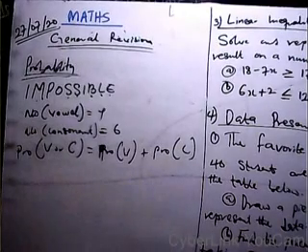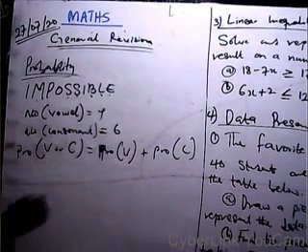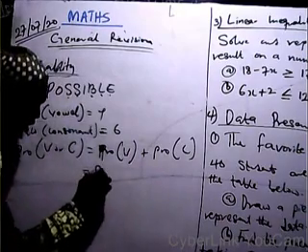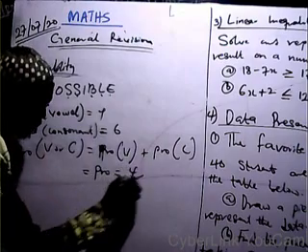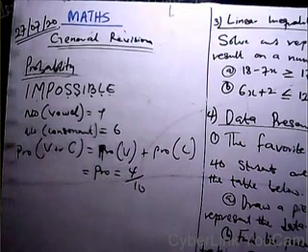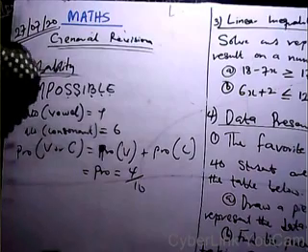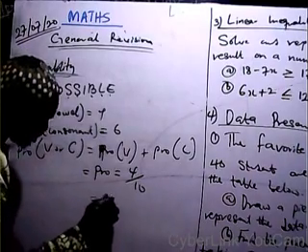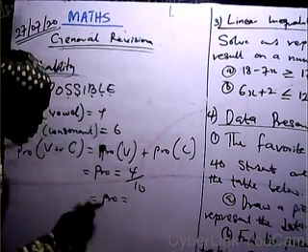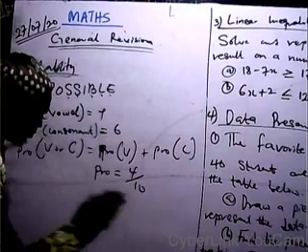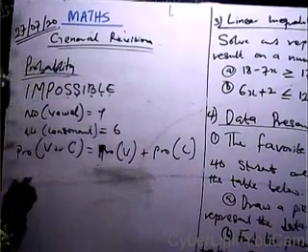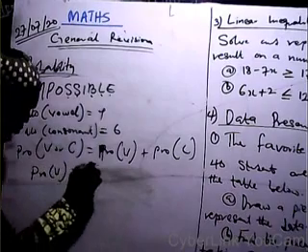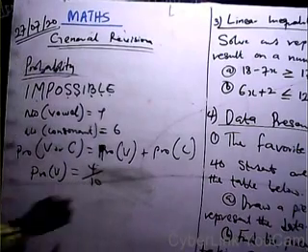From the formula given, the probability of vowel is 4 over 10.